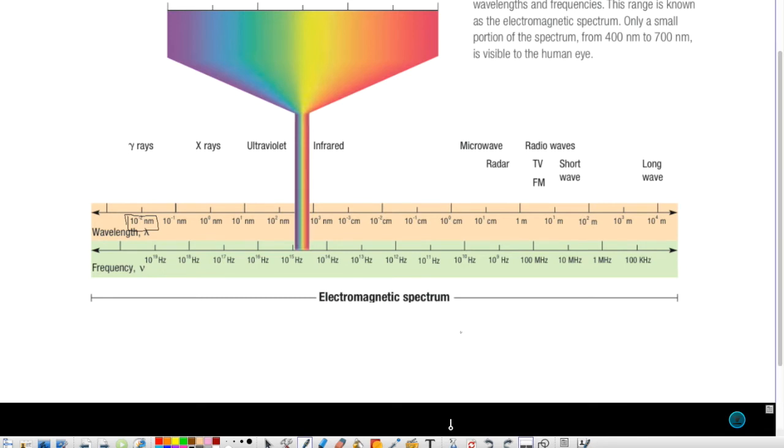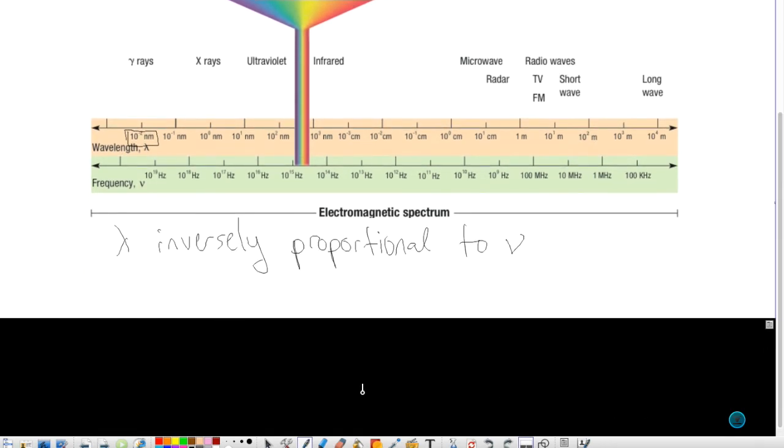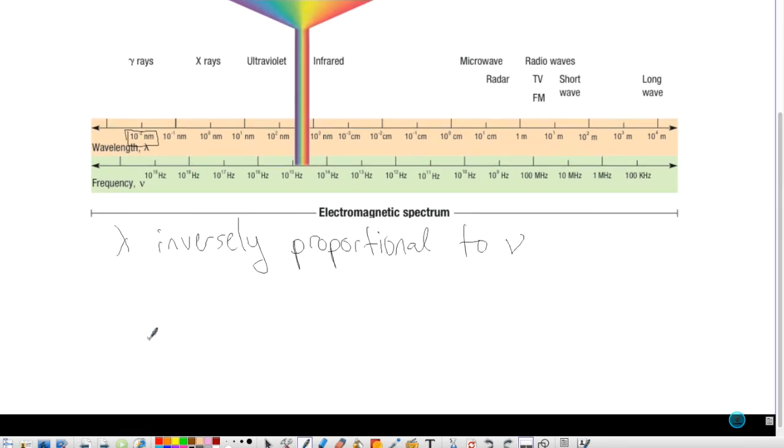That should tell you that these two things are inversely proportional. So we know that wavelength is inversely proportional to frequency. And so I can say that wavelength is proportional to 1 over the frequency.